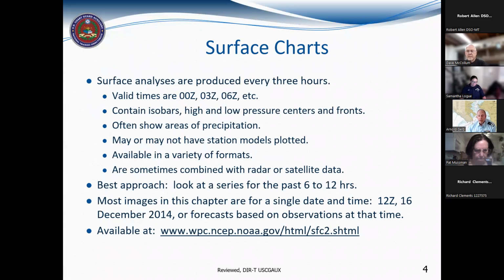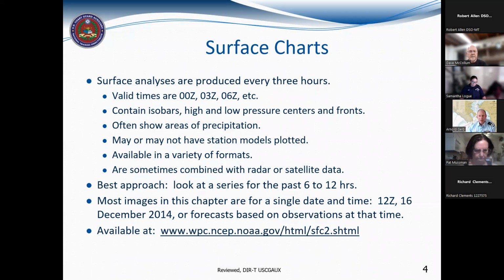To begin, when we think about surface charts, these are analyses and they're produced quite regularly every 3 hours. And the valid times will be at Zulu or Greenwich Mean Time, and then every 3 hours, so 3 Zulu, 6 Zulu, or 6 GMT, etc. Of course, then you have to adjust it for the time zone that you're in relative to Greenwich Mean Time.